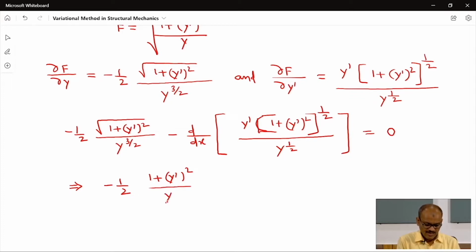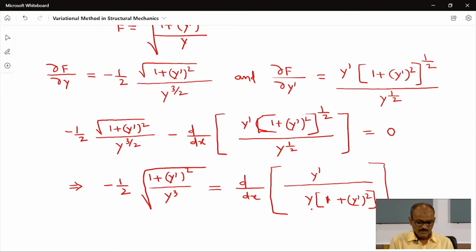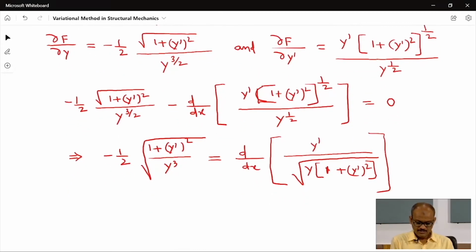1 plus y dash square divided by y cube, I am making complete root over, is equal to d by dx whole of y dash divided by y multiplied by 1 plus y dash square, there will be root over, to the power half is there.